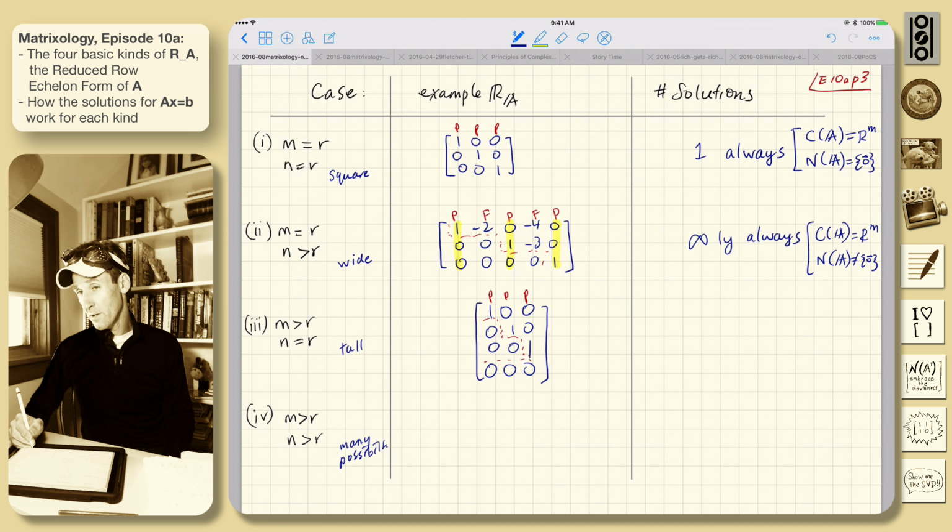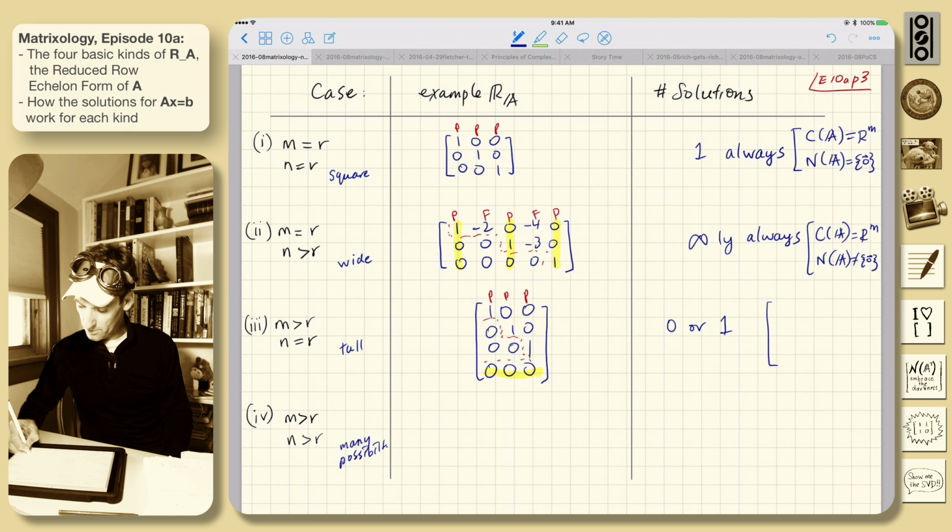So it depends on B. It's the row of zeros that is the issue here. So there will be 0 or 1 solutions. And we know the null space of A is equal to 0. That's why there aren't infinitely many. And here's the column space of A. This is not equal to Rm.